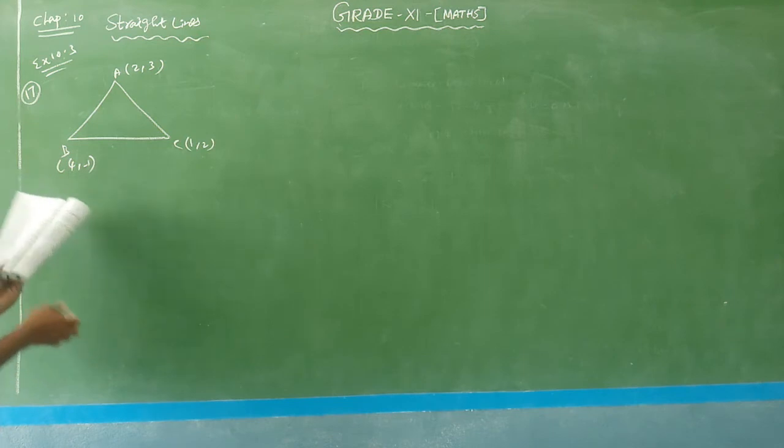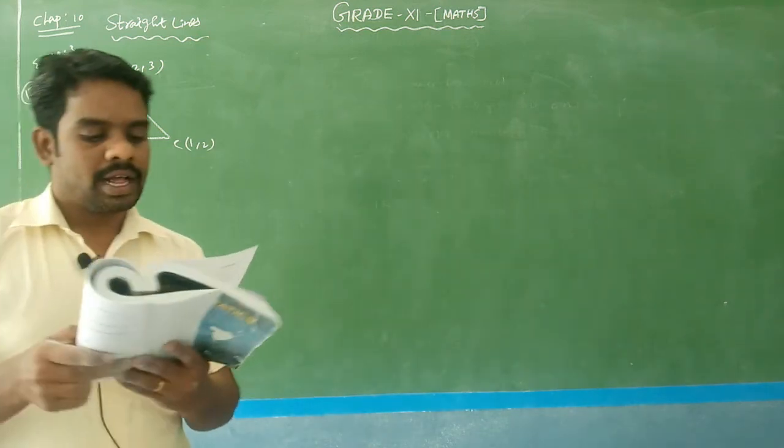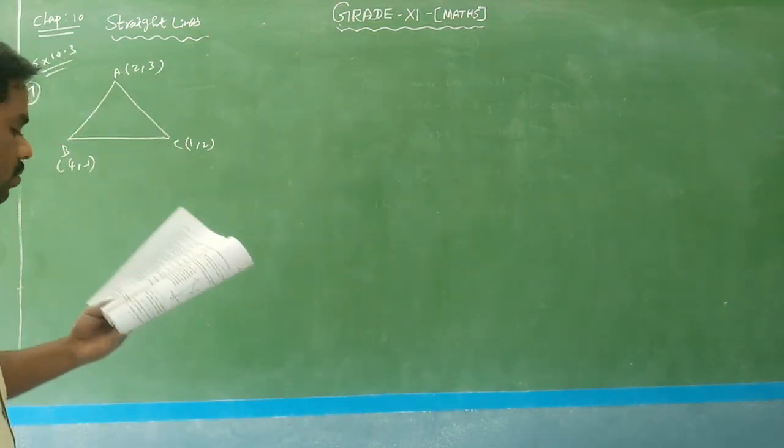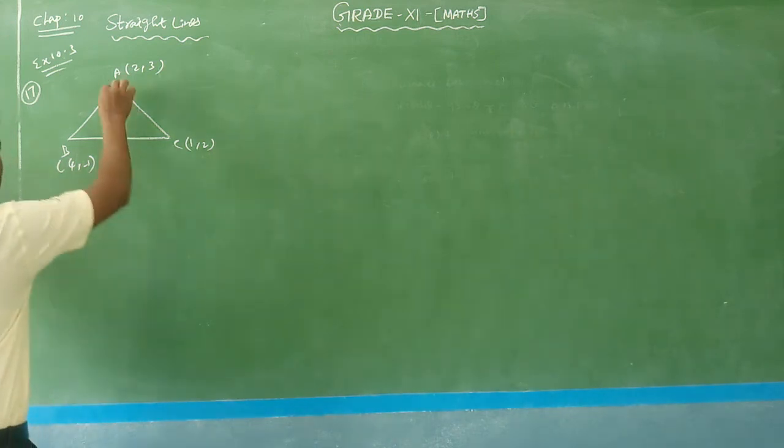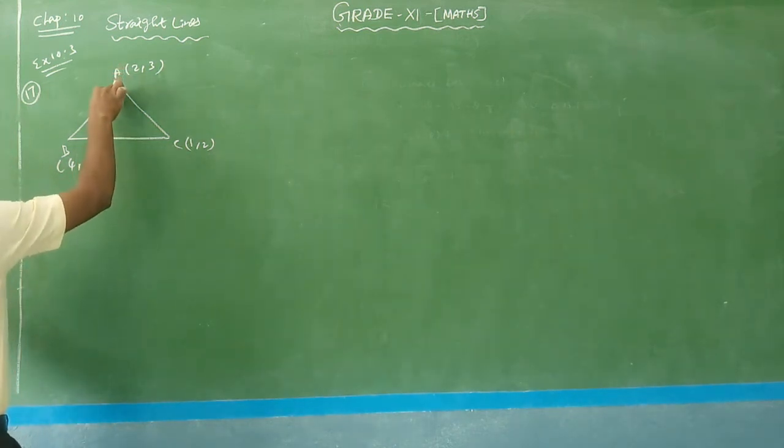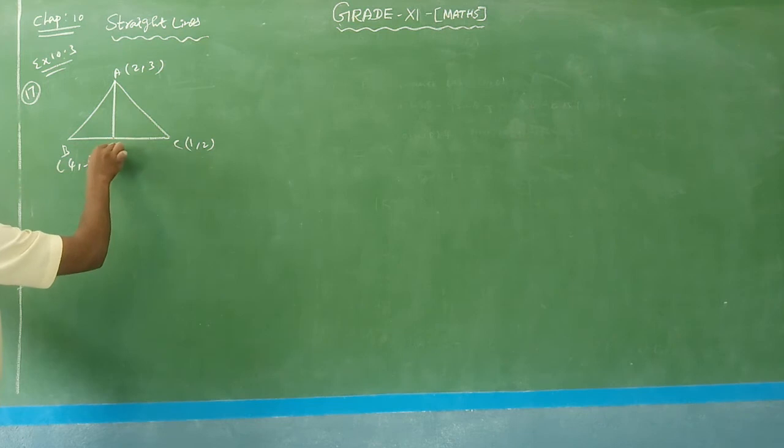Find the equation and the length of the altitude from the vertex A, that is this line AD.